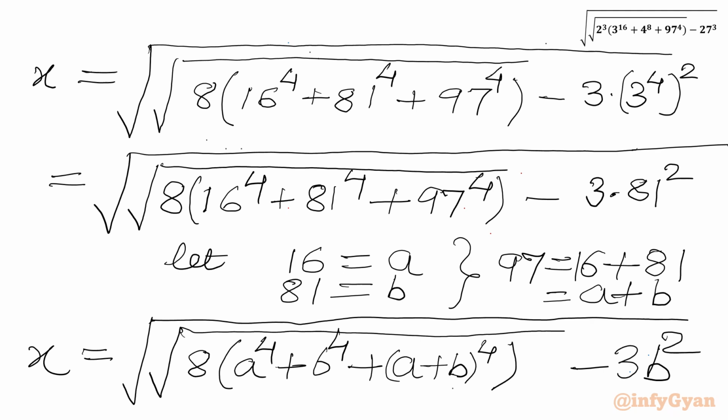B is 81, so this will be minus 3B square.